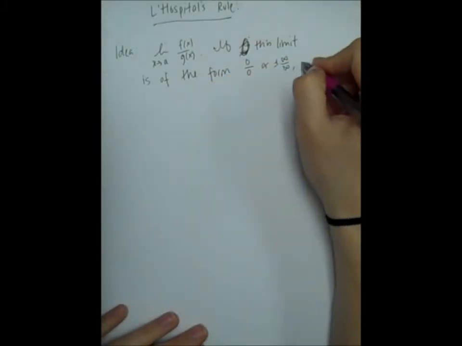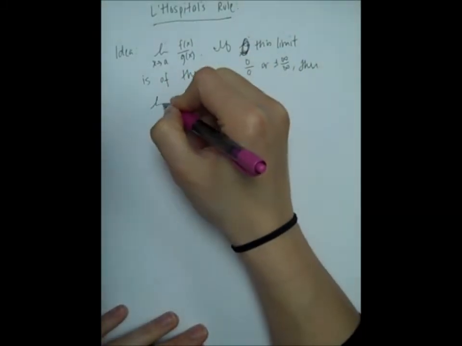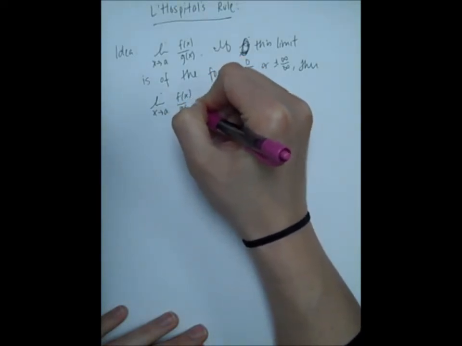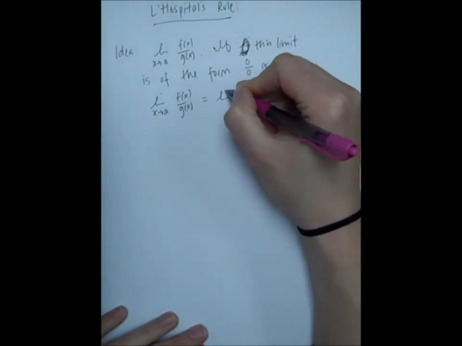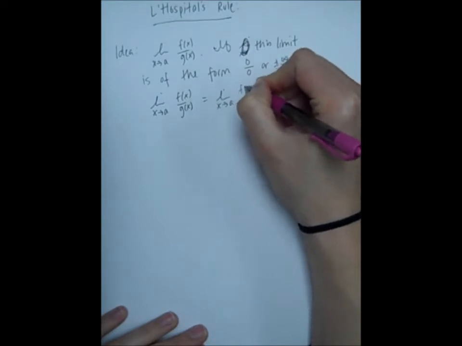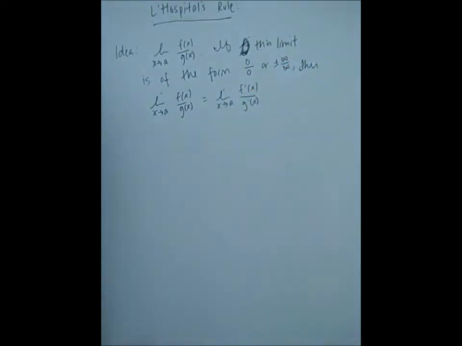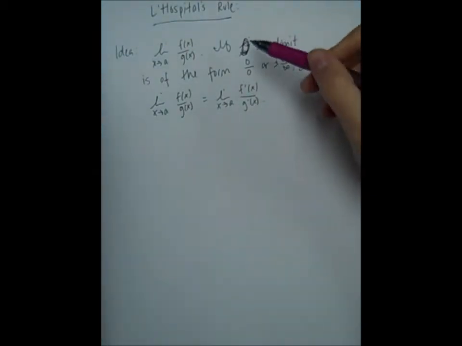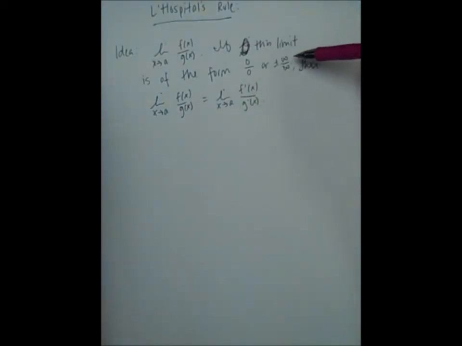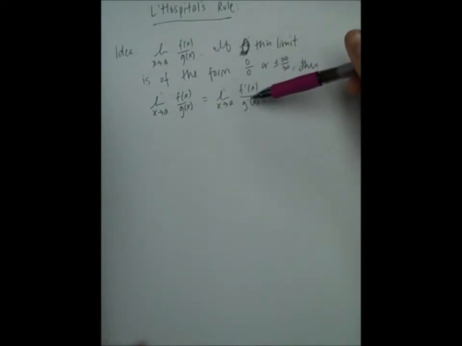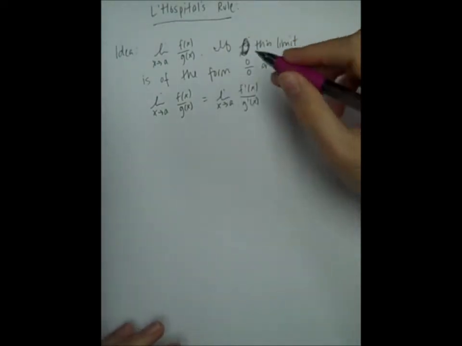So then the limit as x approaches a of f of x over g of x is actually just the limit as x approaches a of f prime of x over g prime of x. So that's L'Hopital's rule: if our original limit is of the form 0 over 0 or infinity over infinity, and we find those by evaluating each individual limit, then we can just look at the derivatives, and the limits will be the same.